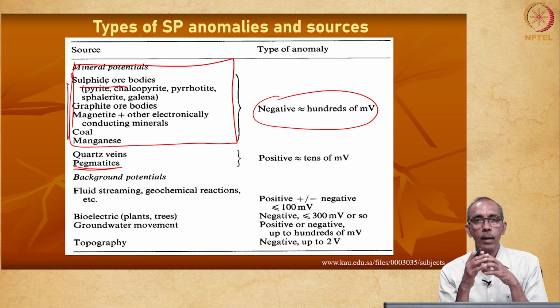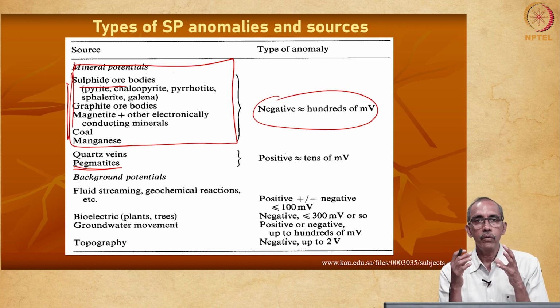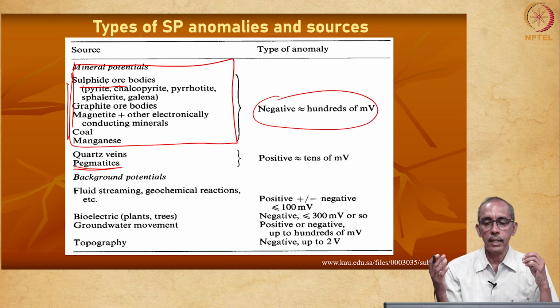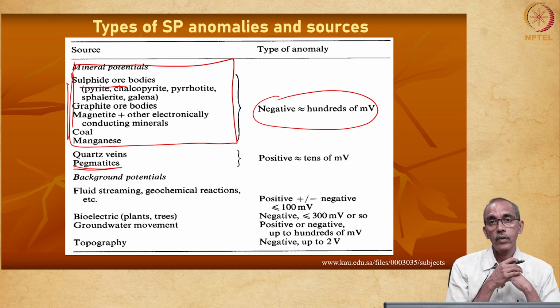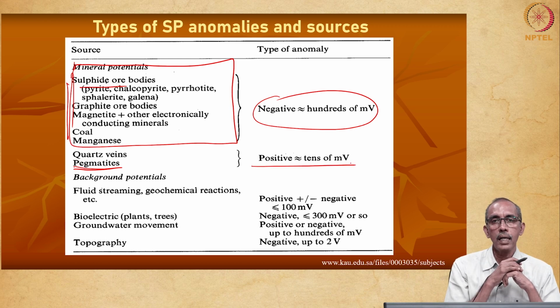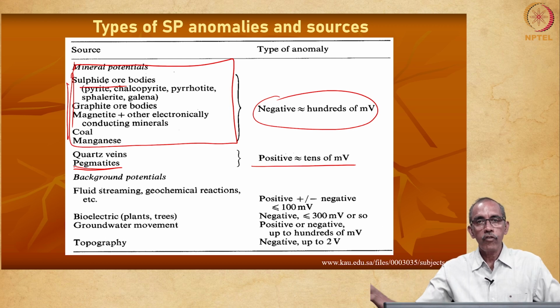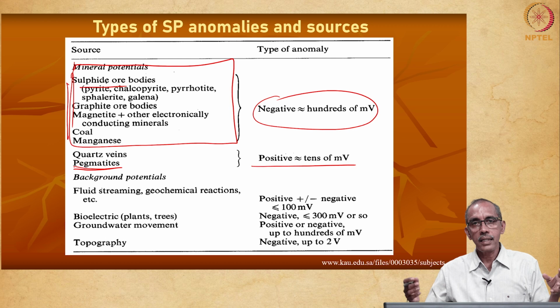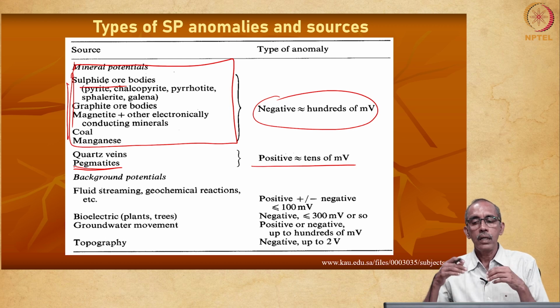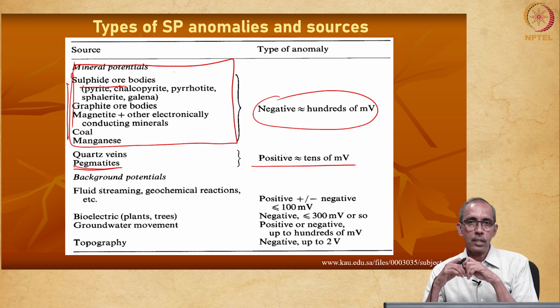These rocks are formed due to slow cooling of molten magma, due to which minerals are able to nicely crystallize into larger chunks. Such rocks will lead to positive anomaly, because compared to the surroundings, over here potential will be a little bit higher. That means current will be flowing on the other side of these pegmatites, which will cause positive anomaly over these rocks.